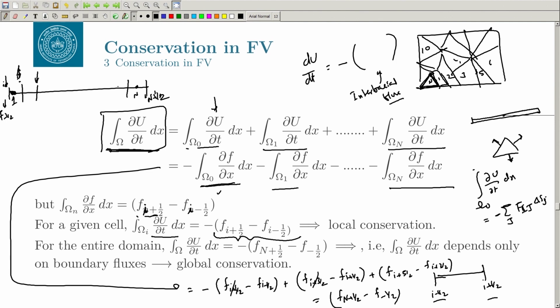Similarly for n minus 1, it will cancel with this one. Ultimately what remains is minus half and n plus half. So, for the entire domain also the du by dt depends only on the boundary fluxes. That means you have global conservation. So, you have both local conservation and global conservation in the finite volume. This is not true in the finite difference formulation.